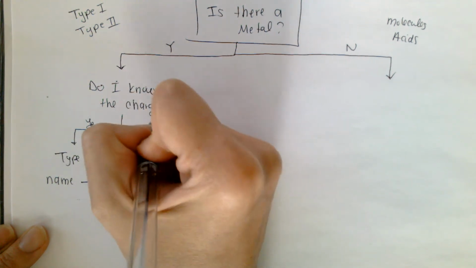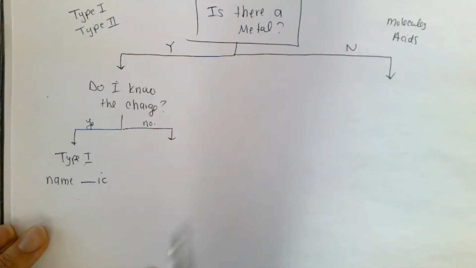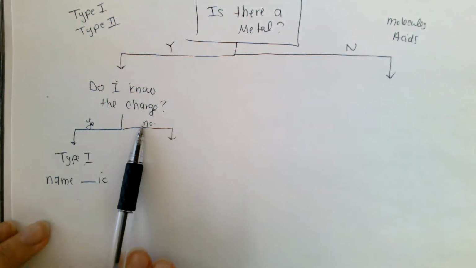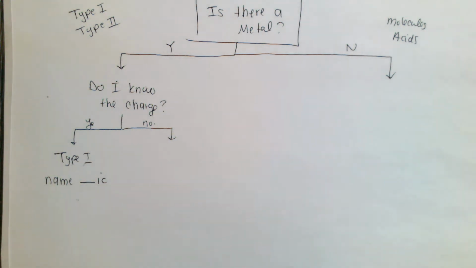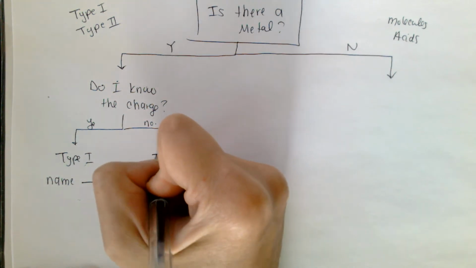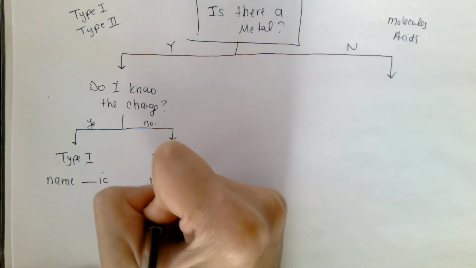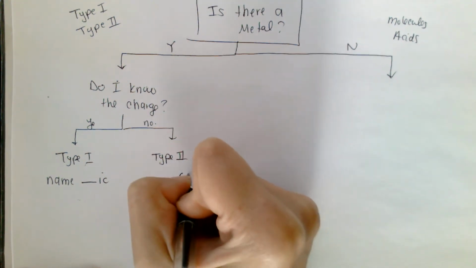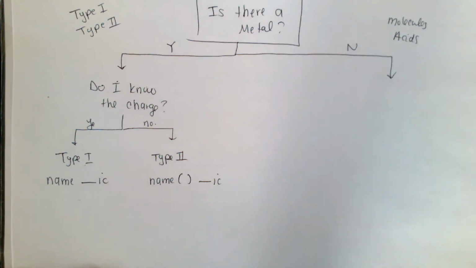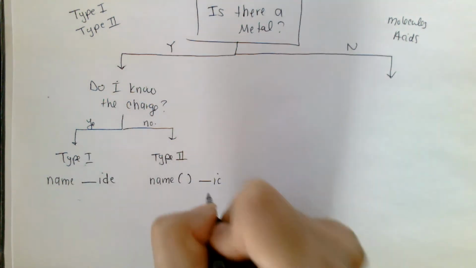If the answer is no, meaning it could be a charge of +2 or +3 like we saw with our iron, then we have type 2, and you're going to have your name, your Roman numerals, and then blank-ic or -ide. Oh, excuse me, this is -ide.